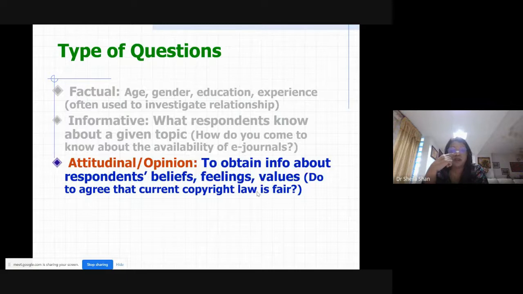Attitude: to obtain the respondent's beliefs, feelings, values. For example, do you agree the current copyright law is fair? Belief: take daily life, why do motorists not like to wear helmets? They have the helmet but they put it in the basket, they don't wear it on the head.